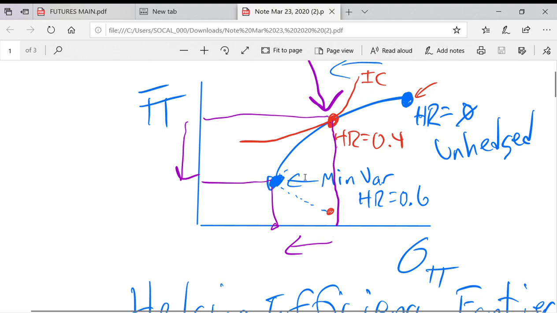We see the minimum variance has a lower expected profit and less risk. He's choosing to take on some risk in the hopes of getting more profit, as evidenced by this one indifference curve from his indifference map. So the investor chooses to be right here with a hedge ratio of 0.4.